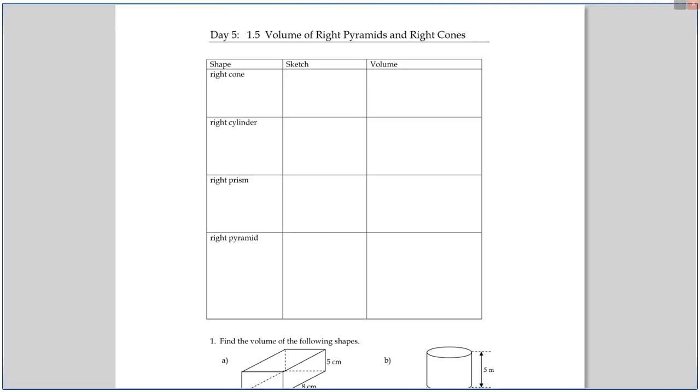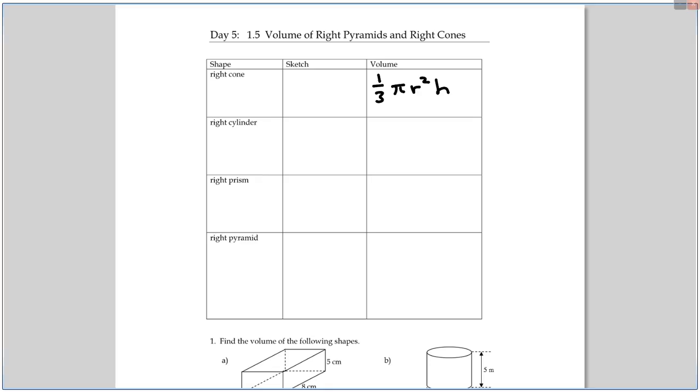Okay, so we have volume of pyramids and volume of cone. If you look on your yellow sheet, we can jot these in. For the cone, now you're looking on the very right side, you have 1/3 pi r squared h. Okay, so let's take a look at this formula.